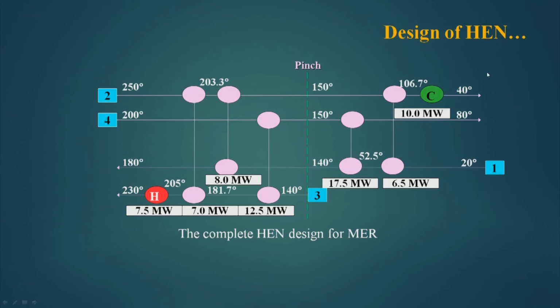So, my complete design is this. This is the complete design of the heat exchanger network for the problem given in the earlier table. And here there is only a single pinch available.